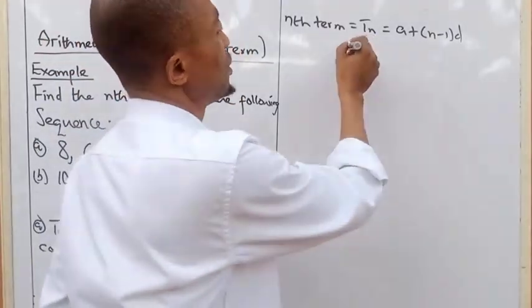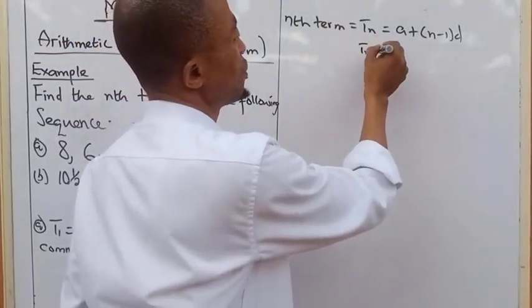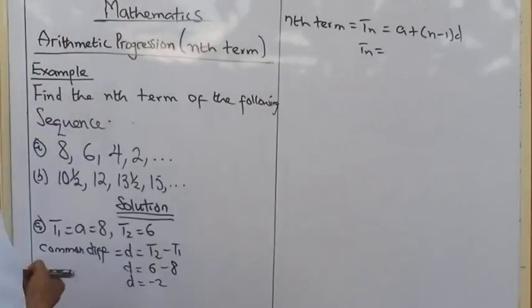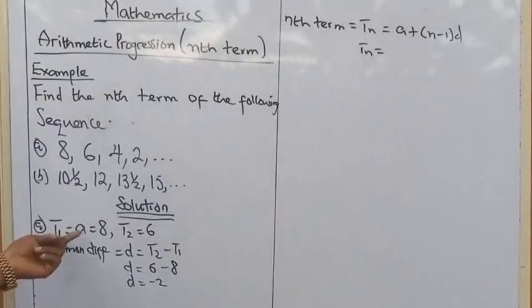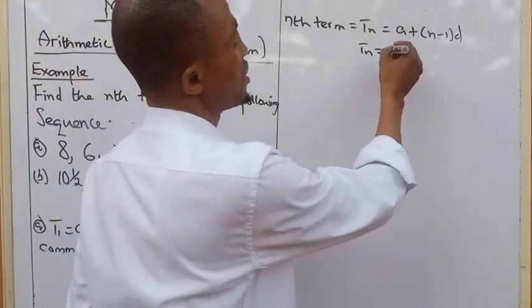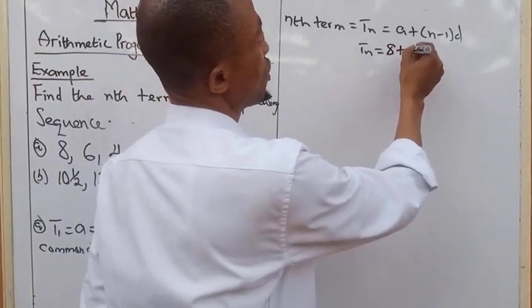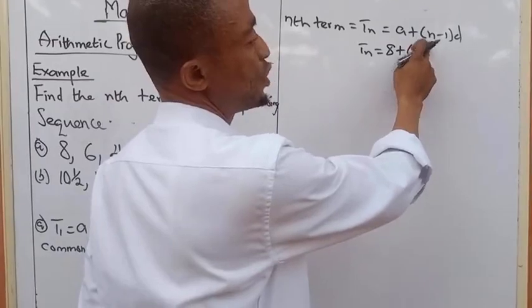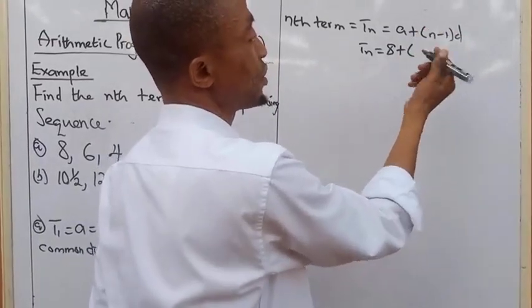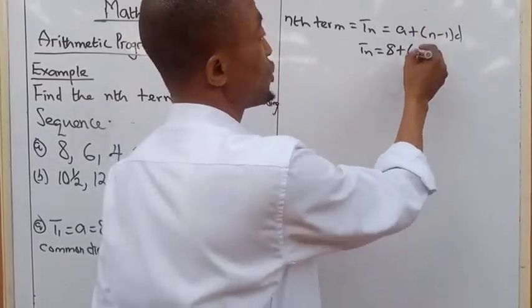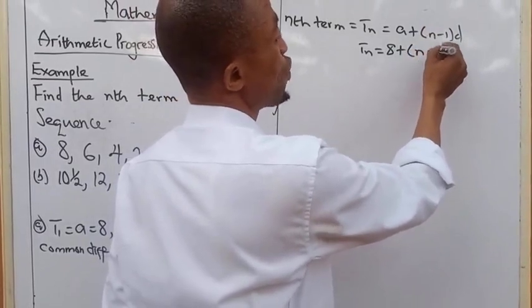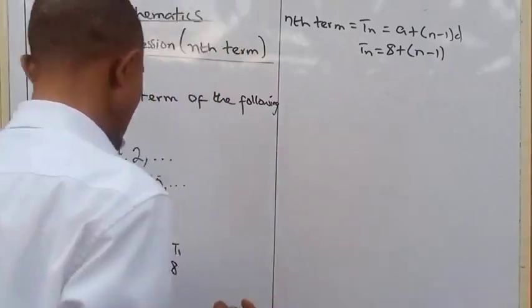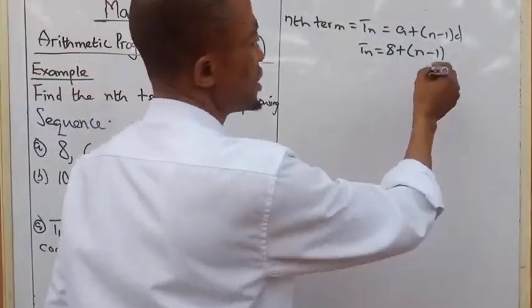So Tn now equals, what's A? According to the information we wrote out here, A is 8, plus open bracket n. We don't know the n, that's what we are looking for. So you put n there, minus 1 close brackets. Then D, that's negative 2.